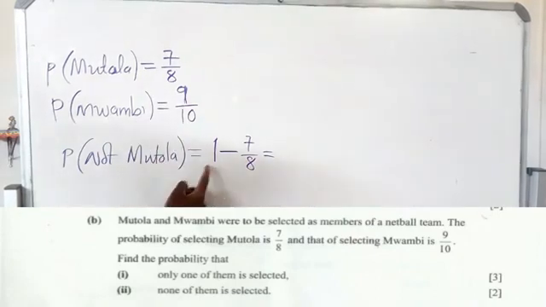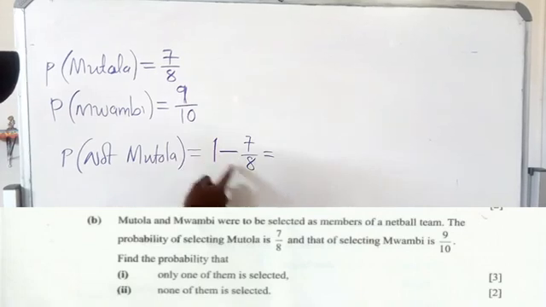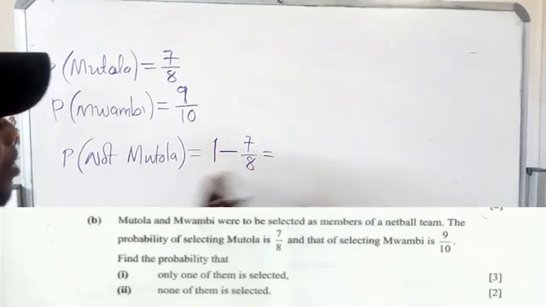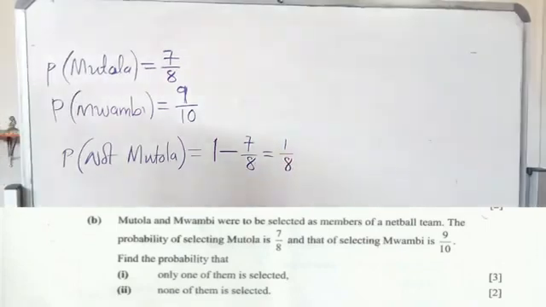So you get 1. We know what 1 means. 1 means when you get the probability of selecting somebody or not selecting, you add them, they should give you 1. So this is the one we are using. So we want to find the probability of not selecting this person. So we say 1 minus the probability of selecting this very person, which will give us 1/8.